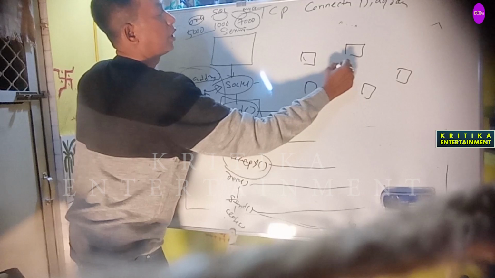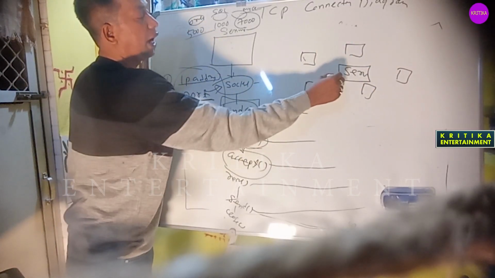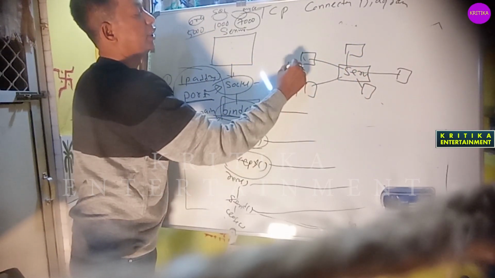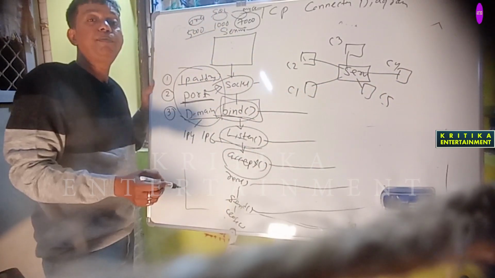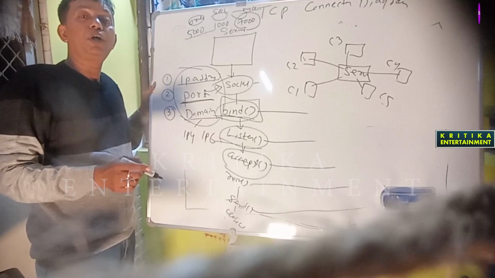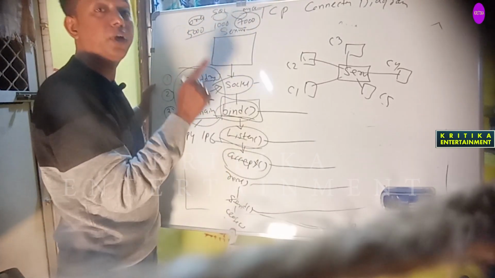It is called the server. Suppose there are client 1, client 2, client 3, client 4, client 5, C1, C2, C3, C4, C5. There are 5 clients. When they want to connect to the server, the listen function decides how many clients can connect to the server.